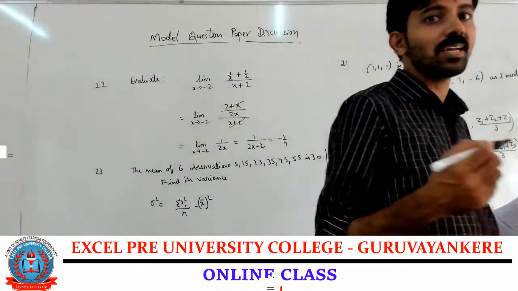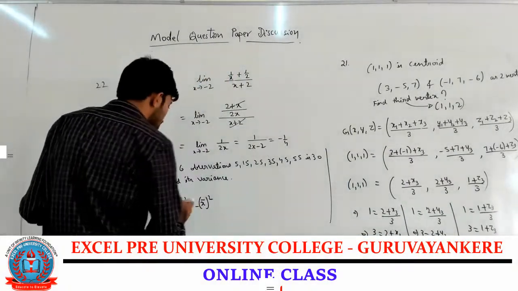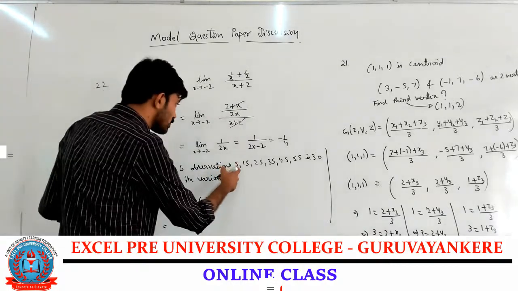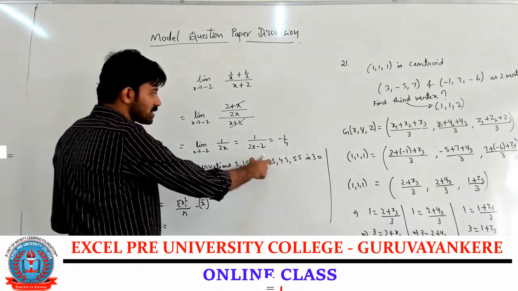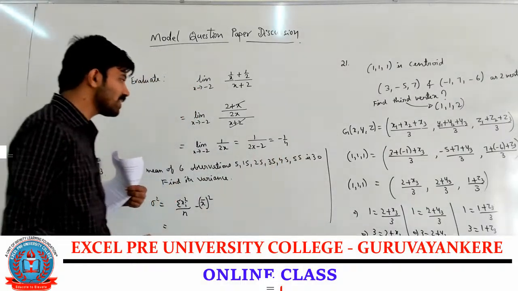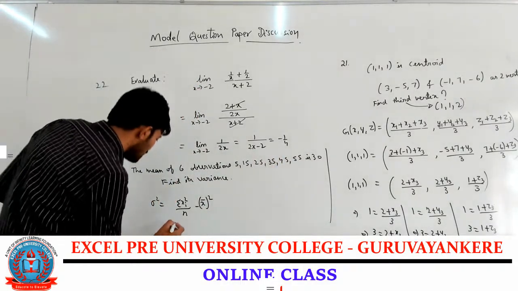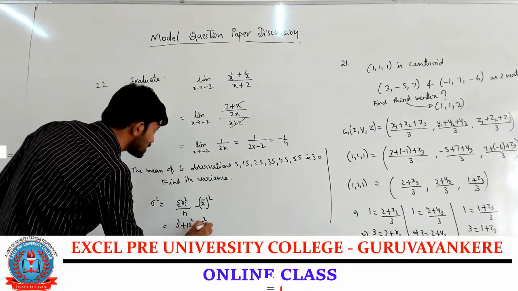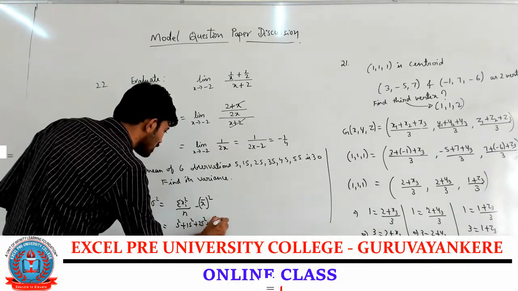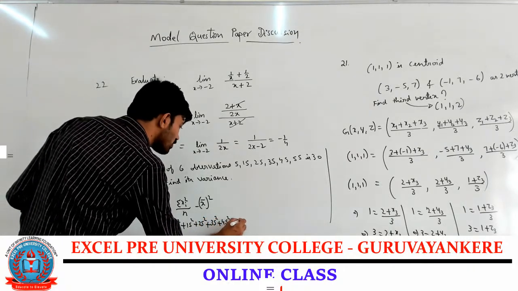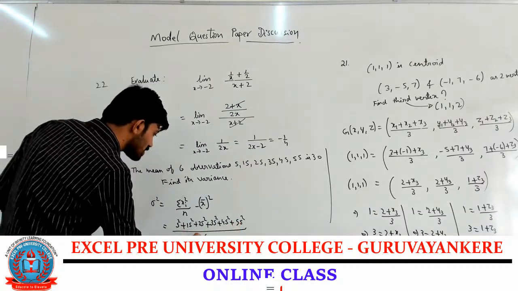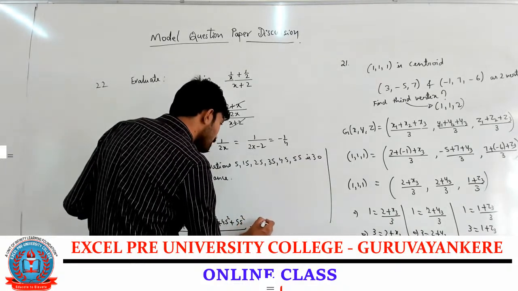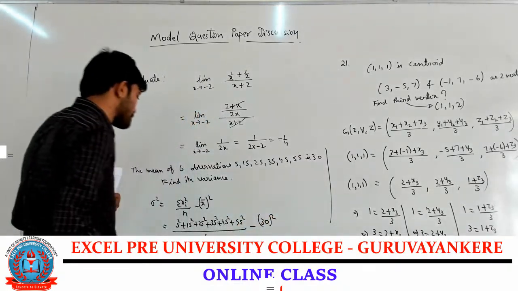Sigma xi square is the sum of the squares of all these: 5 square plus 15 square plus 25 square plus 35 square plus 45 square plus 55 square, divided by the number of observations, 6, minus x bar, the mean, which is given as 30, square.